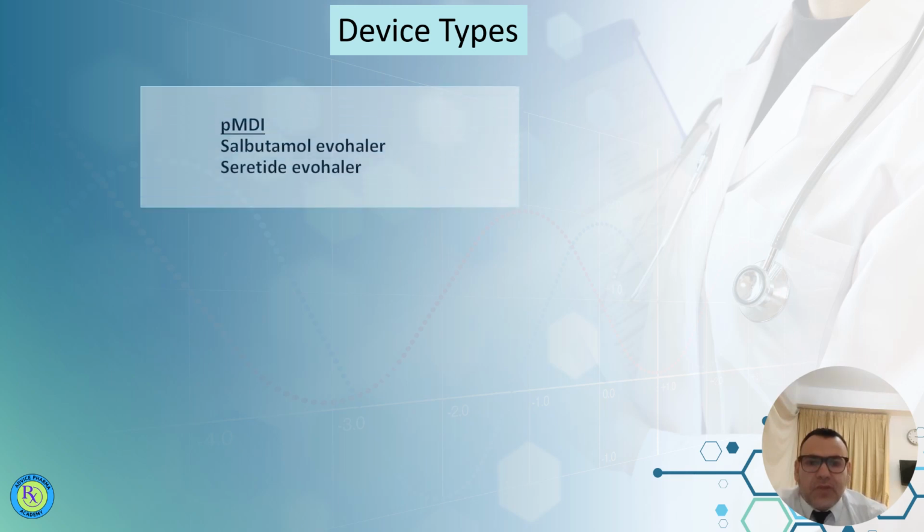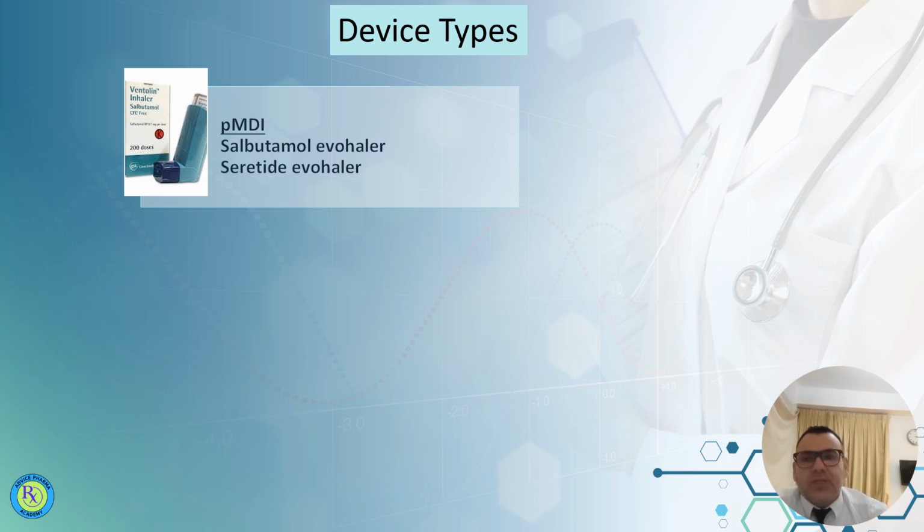And what about device types in asthma? The most common is the PMDI, pressurized metered dose inhaler, like the salbutamol inhaler or Seretide Evohaler. This type of device comes in a canister and a mouthpiece, and it needs coordination, as the patient needs to press the canister and inhale at the same time.